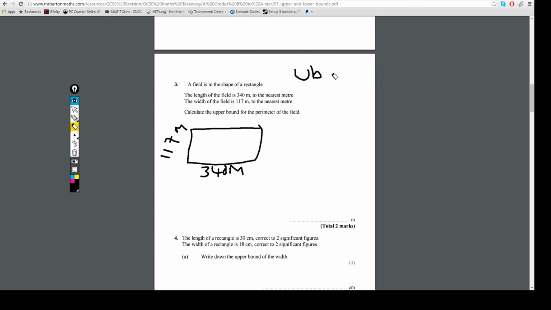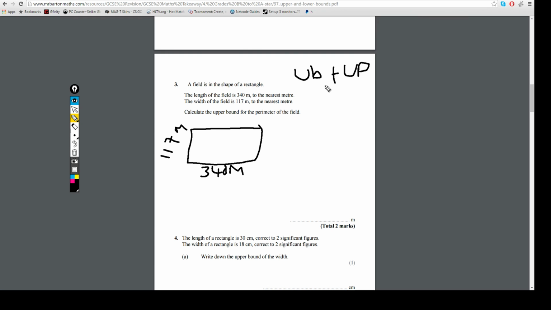Sorry, I read the question a little bit wrong. It's going to be plus, as I said at the start. So it's going to be upper bound plus the upper bound, and that's going to give us that. But we're going to have to times this by 2 when we work this out, because we've got two of that and two of that, obviously a four-sided shape.